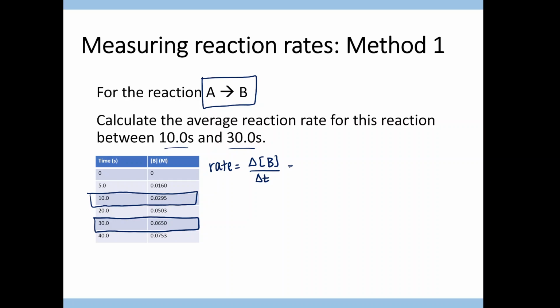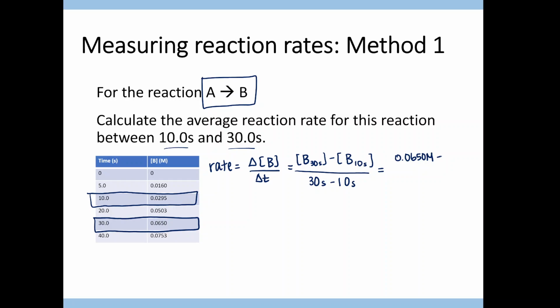So to find the change in concentration of B, we would take the concentration of B at 30 seconds and subtract the concentration of B at 10 seconds and divide by change in time, which is 30 seconds minus 10 seconds. So putting in values, the concentration of B at 30 seconds is 0.0650 molar.